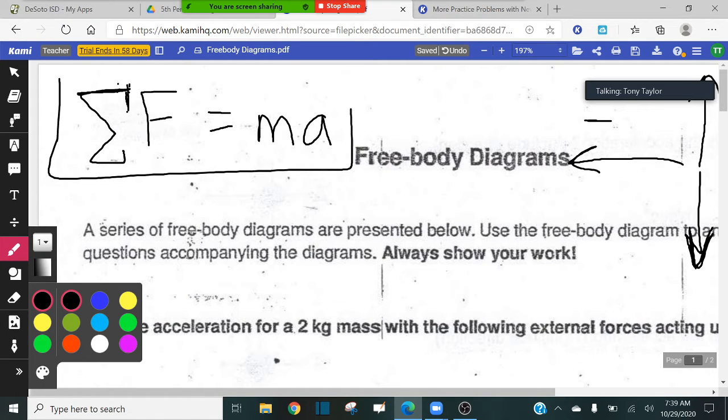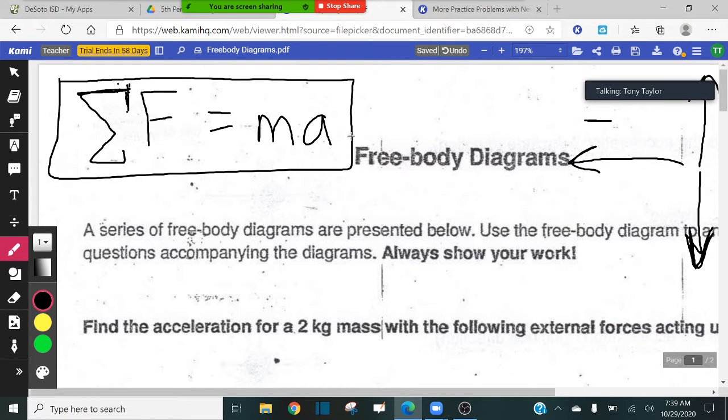So that is Newton's second law. Okay. And remember, guys, this symbol right here, it looks like a weird E. That's the Greek symbol sigma, and it stands for sum. It basically just means add up your forces. So if you add up all your forces acting on your object, then that's equal to mass times acceleration of the object. Okay.